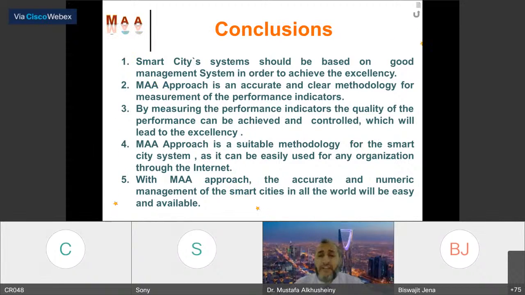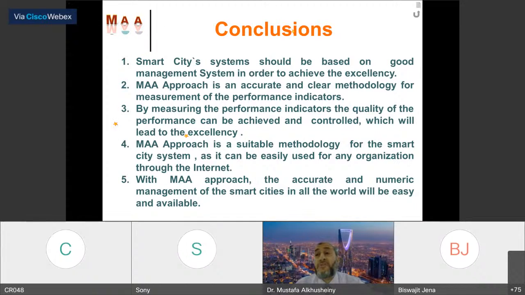My approach is an accurate and clear methodology for measurement of performance indicators, and not only the familiar or popular performance indicators. My approach is unique in dealing with 7 to 8 types of performance indicators.